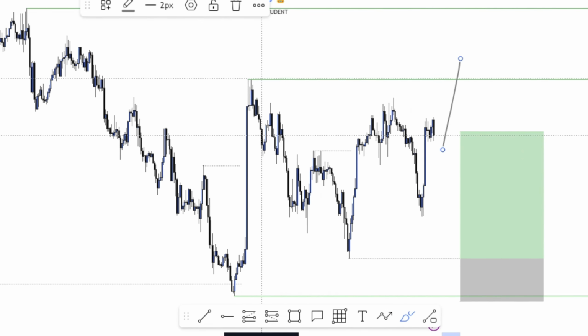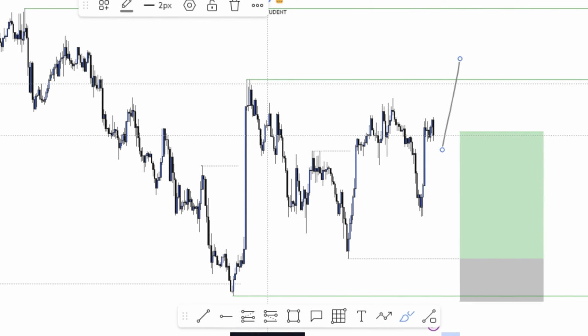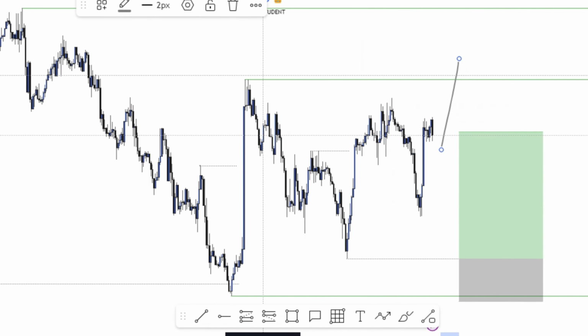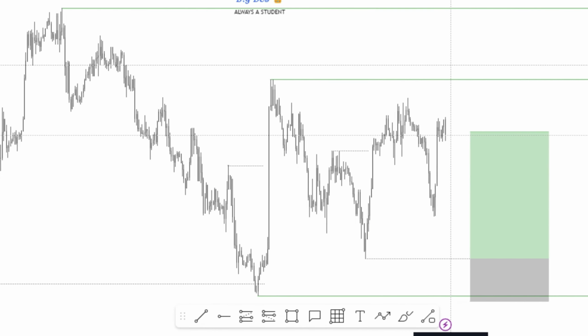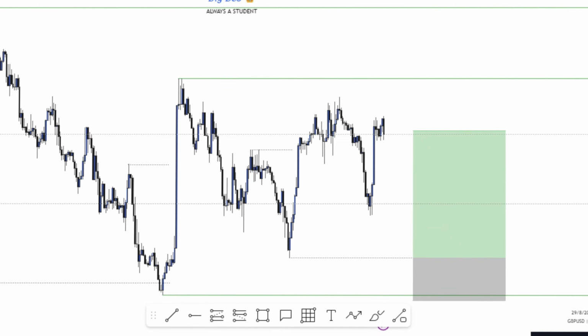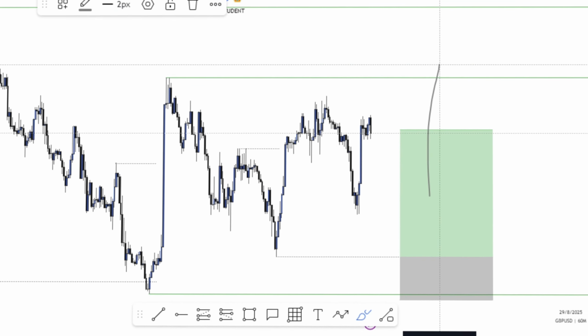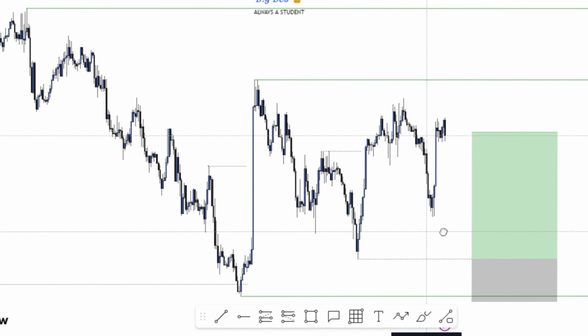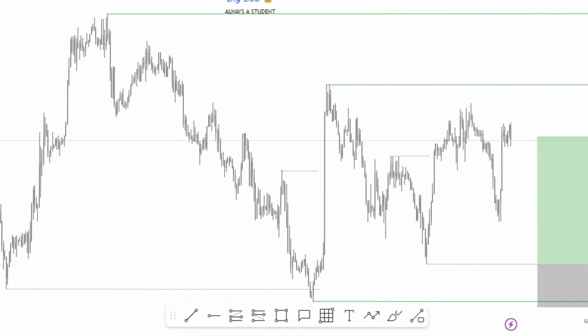Once price takes out this high, I'll be interested in targeting this, but for now I'm only interested in targeting this high, which is why my target is within it, because we are definitely going to hit it, whether before or after our entry is triggered.